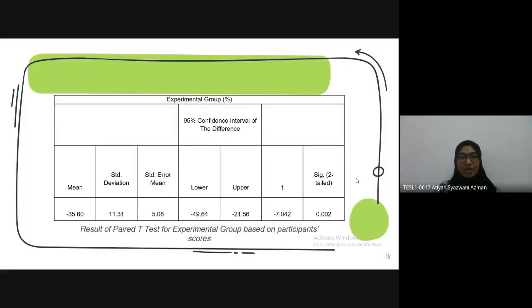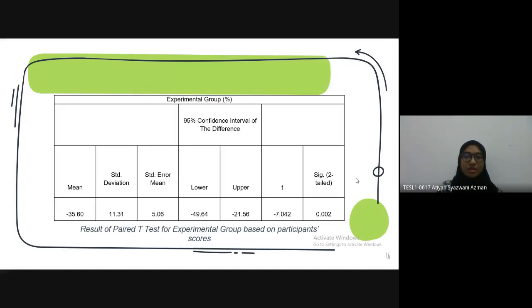Compared to the experimental group, as we can see for the significant two-tailed, the experimental group scored 0.02, which shows that it is less than 0.05.